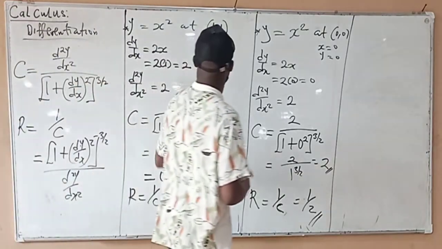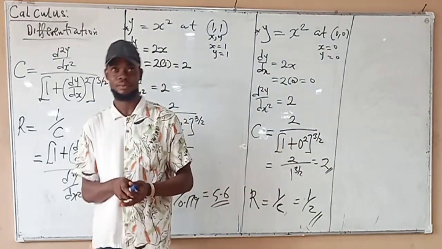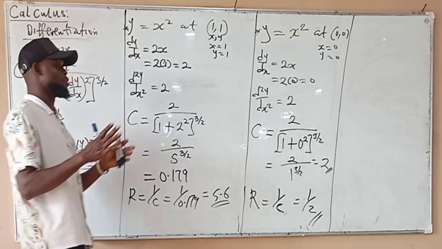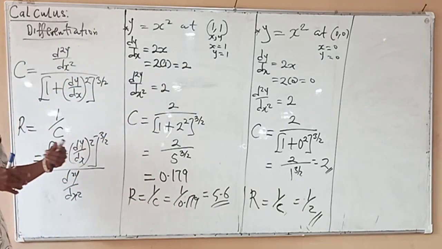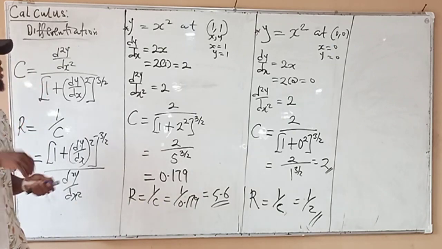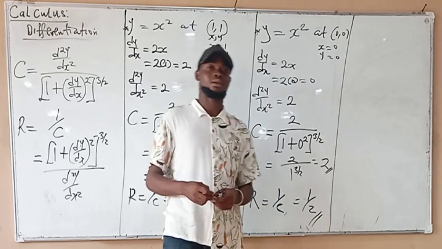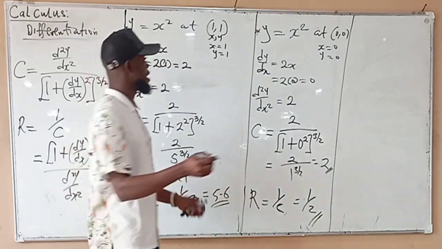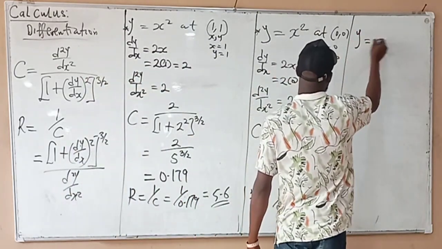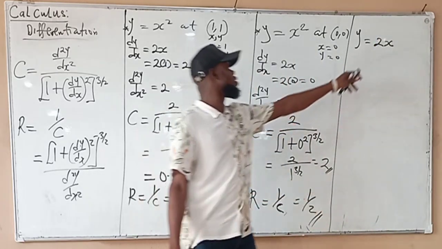For example, if you have the equation of a straight line, which we'll be looking at very shortly, maybe in another section. In the equation of a straight line, the power of x is always equal to 1. So if you have a function like this, let's say y is equal to 2x or x, what is the curvature of this curve?